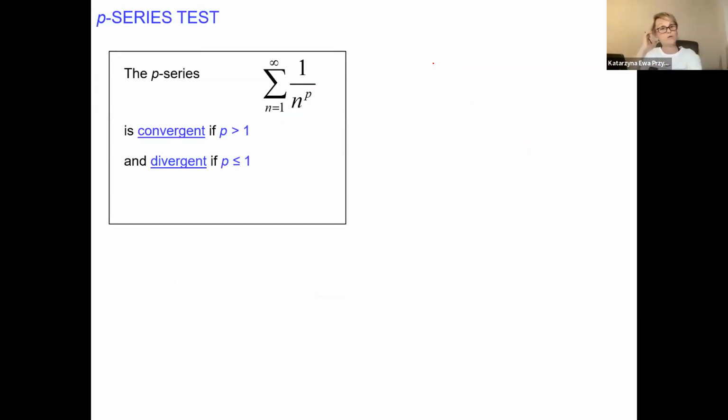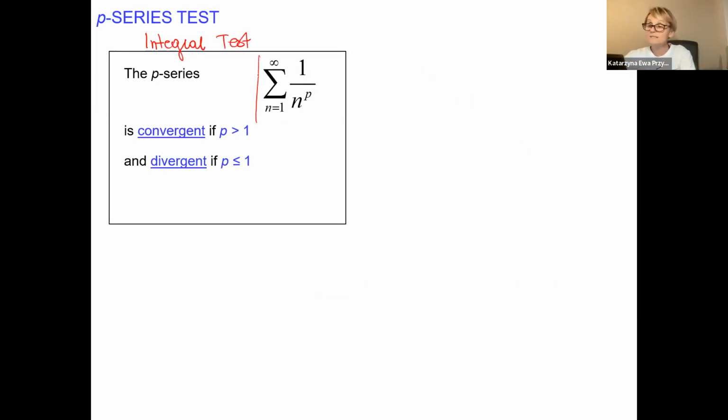Another test that we have is called the P-series test, which sometimes mathematicians will still call the integral test, because it is based on the integral.